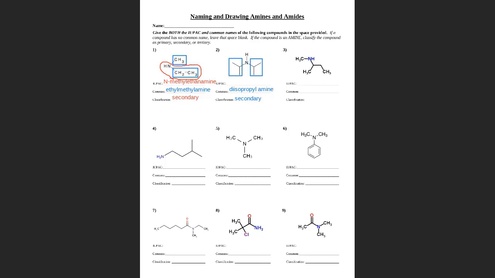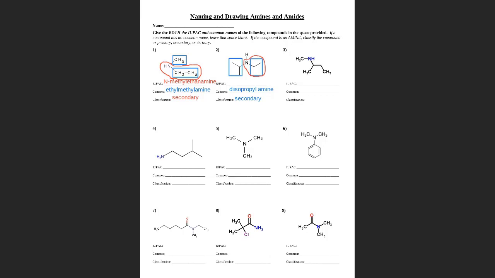And as far as the IUPAC name, I would treat one of these sides as more important than the other. Even though they're technically equal and exactly the same, I'll treat one as more important than the other. So the less important side, the one that's not circled, would be treated like a branch. So that would just be called isopropyl, just like before.